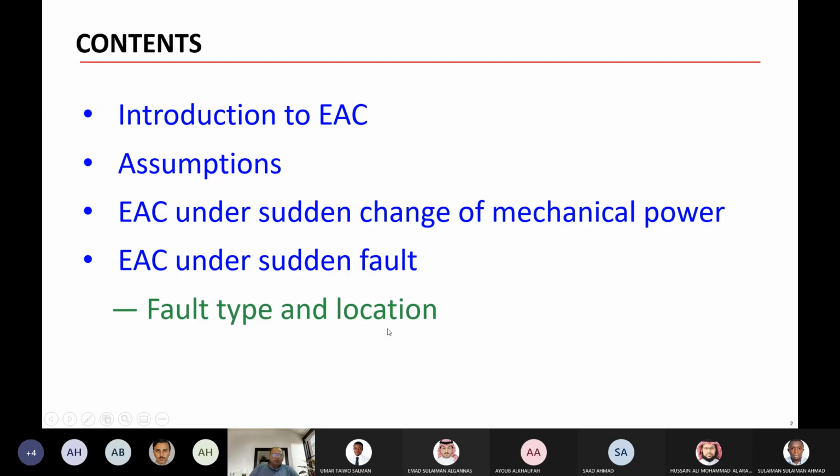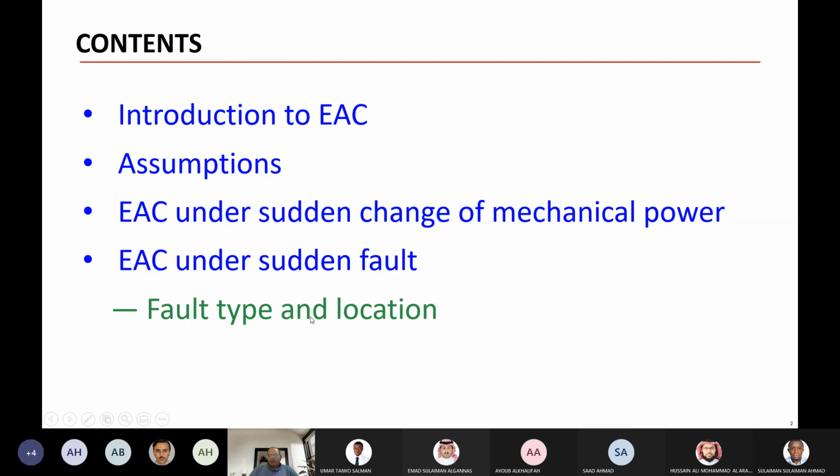The location of the fault also has a great impact on the system response. Fault occurs at a bus, or fault occurs at the midpoint of the line. Where is the fault location? This is very important in transient stability analysis.